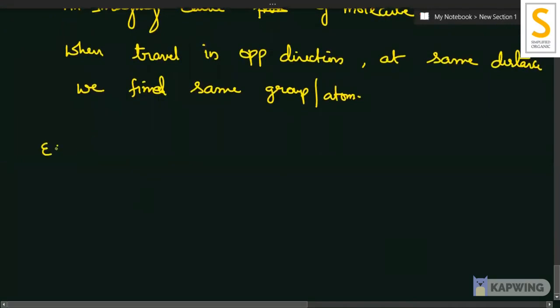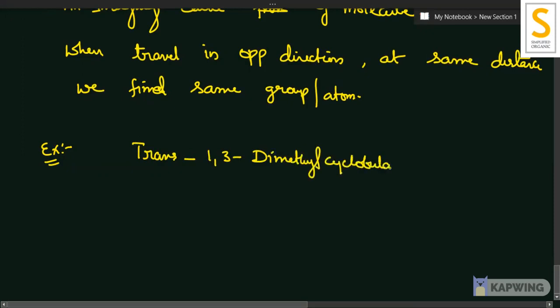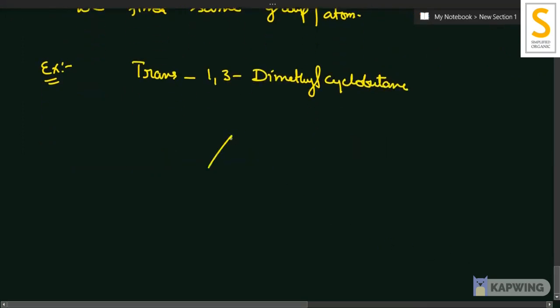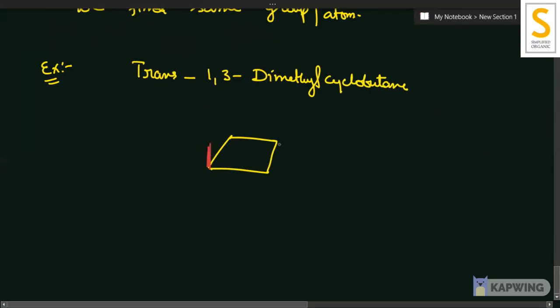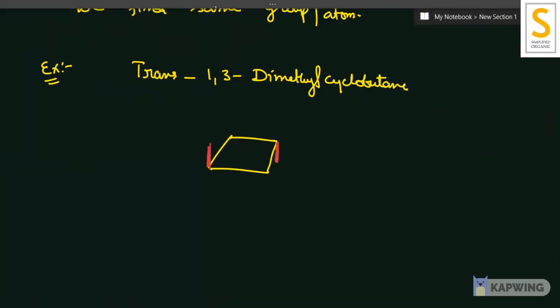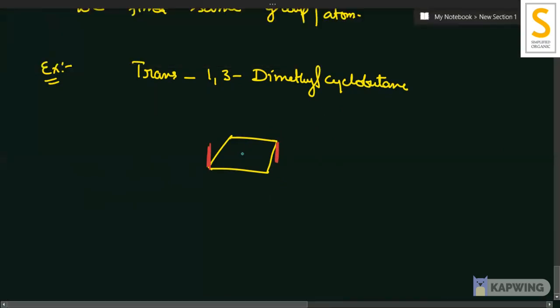Like for example, I have trans 1,3 dimethyl cyclobutane. This is the example I'm going to discuss. So this is the 1,3 dimethyl cyclobutane and trans, one methyl above the plane, one methyl below the plane. And when you travel from the center, this is the center of the molecule.